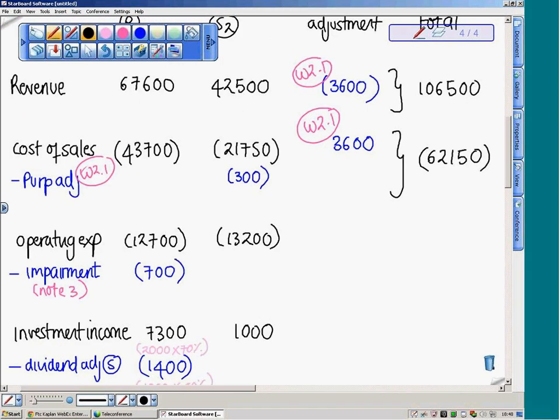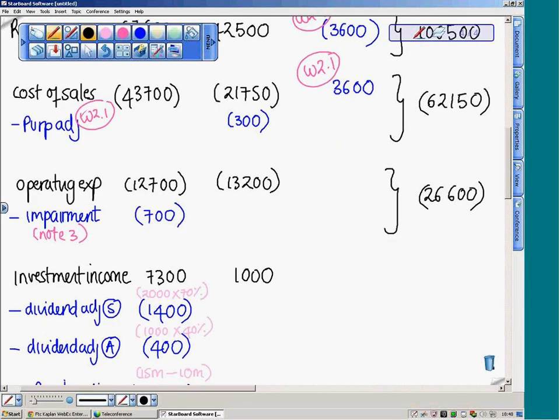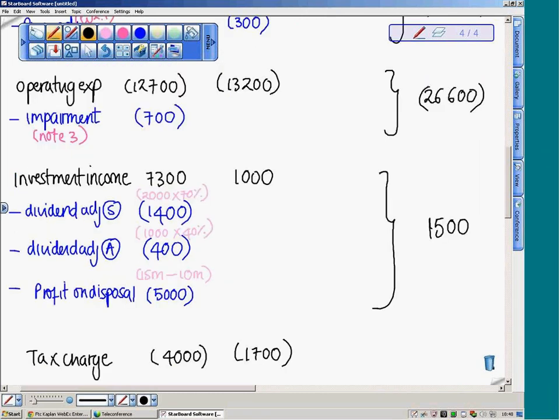Okay. We have operating expenses. And if I total up my operating expenses, that gives me 600. Okay. I then got my investment income. Now my investment income total up 1,500. Okay. And then I got my tax charge.